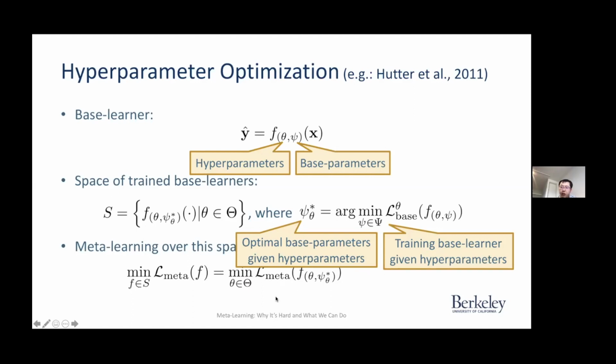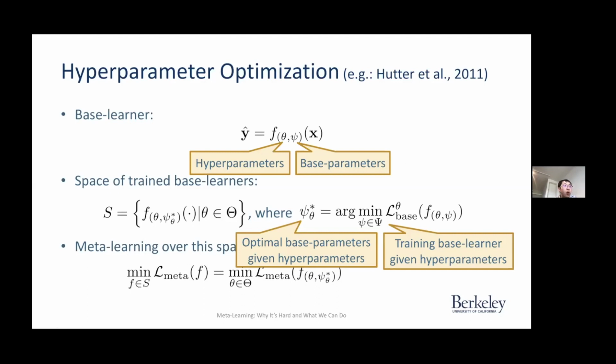That would be a simple case when the base loss would be different from the meta loss. You might be able to think of other examples. I can't actually think of a good one off the top of my head. That is typically, at least in the hyperparameter optimization literature, what people use.